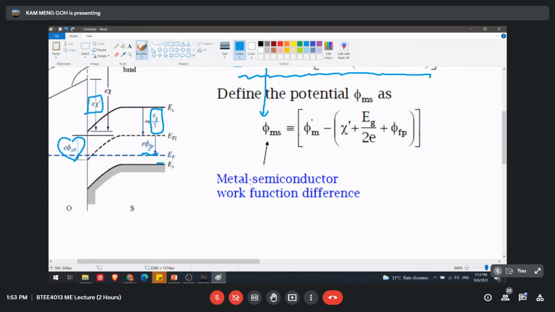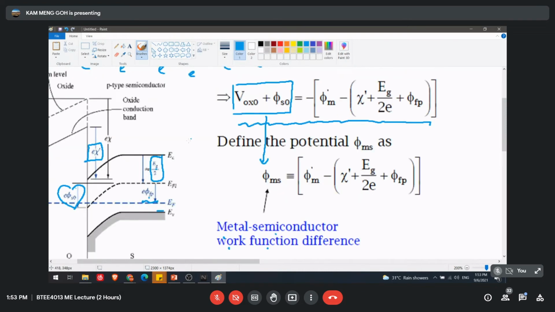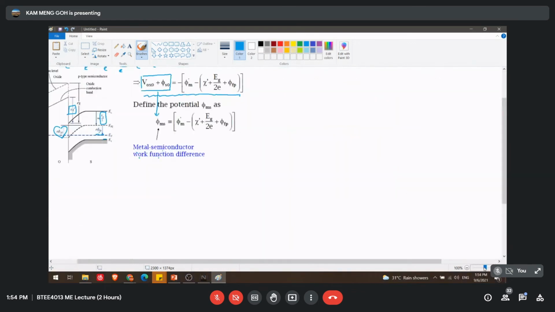This potential is the metal and semiconductor work function difference, which is the voltage difference between the metal and the semiconductor. So by having all this information, you can calculate the difference between the metal and the semiconductor.